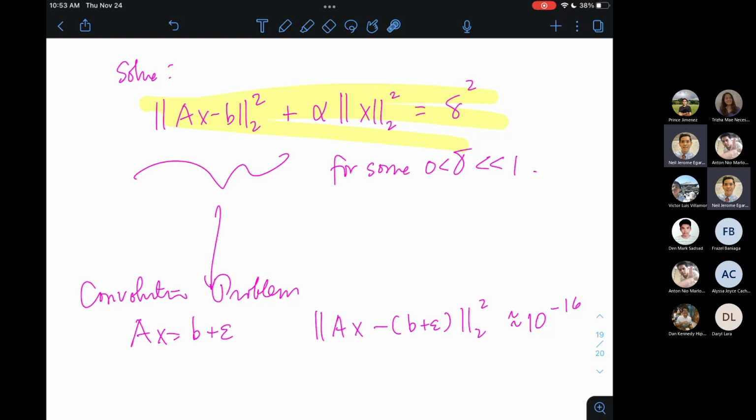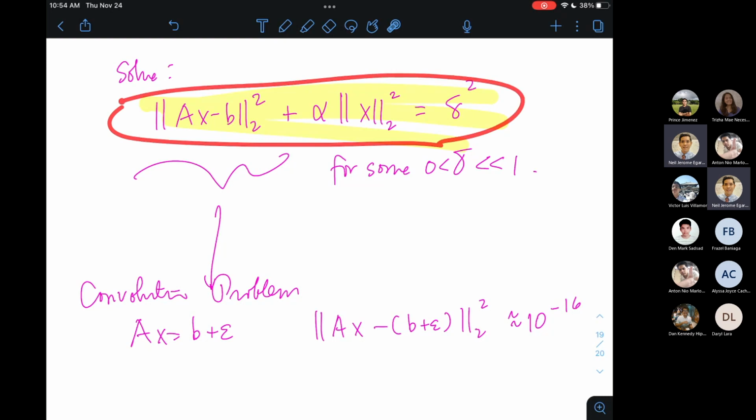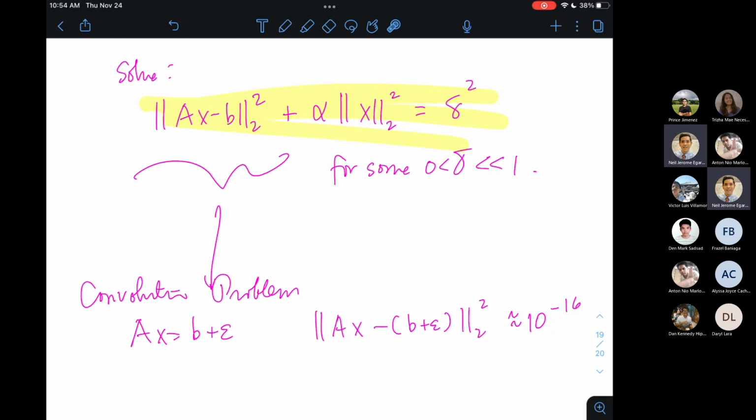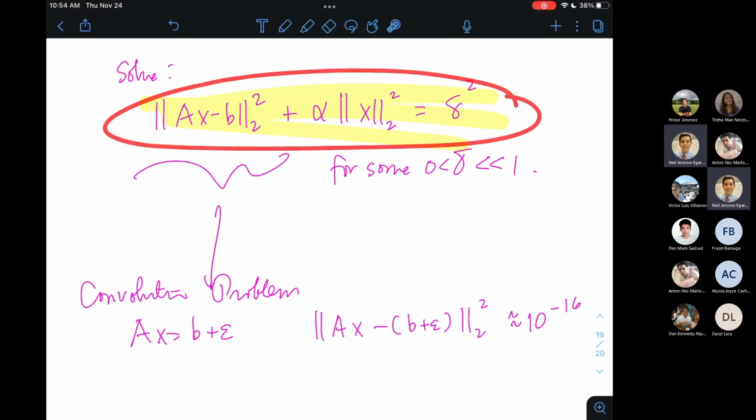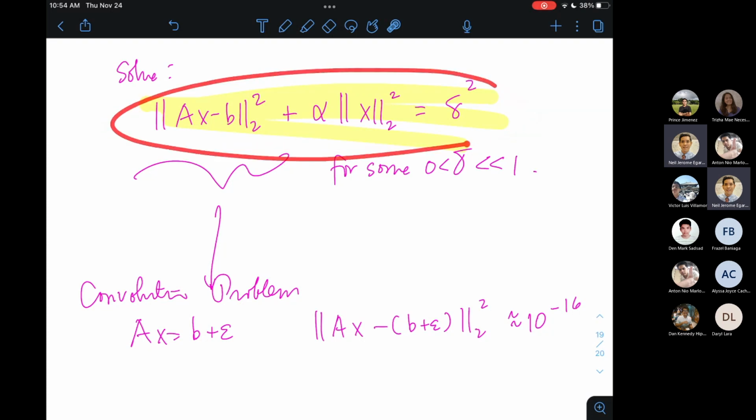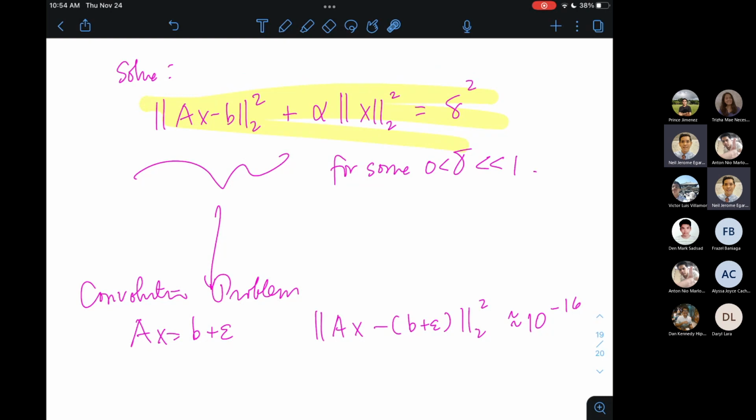So magsosolve ka lamang ng isang nonlinear equation. So medyo graduate level na kasi yung analysis ng Morozov method. But in principle, that is just that. You're solving for x and alpha that will satisfy this for some delta of your choosing.